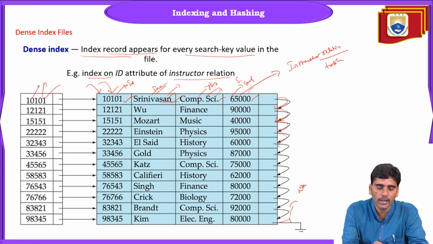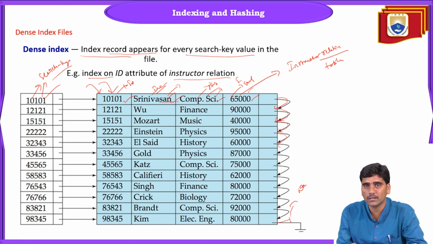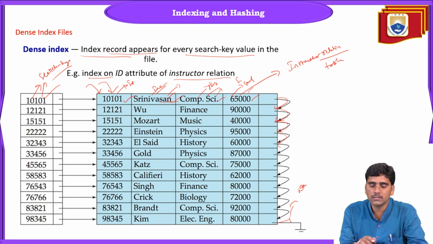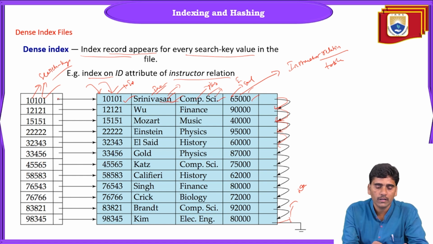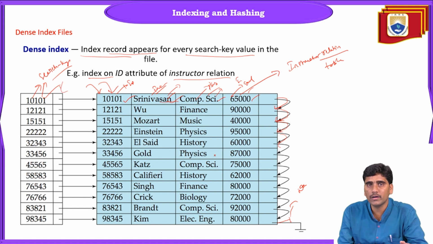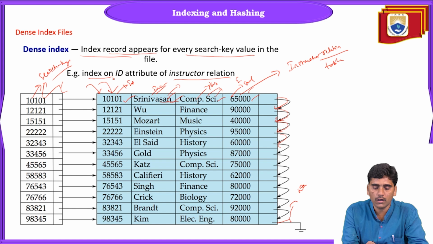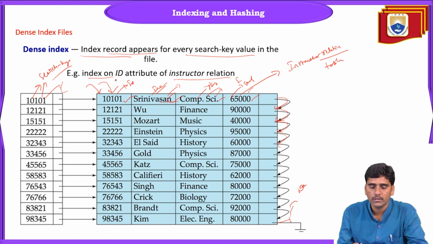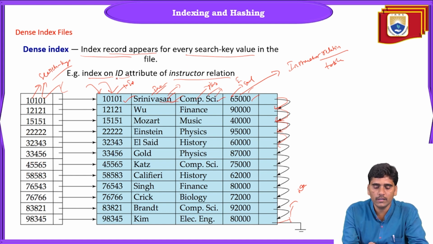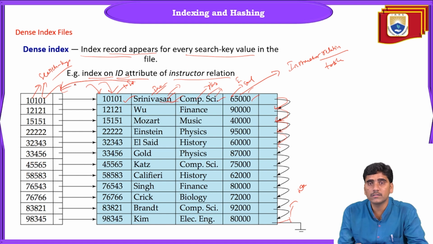This will be acting as a search key. So an index record appears for every search key value in the file. For example, we take an index on the ID attribute. The ID will be the search key for this instructor relation.